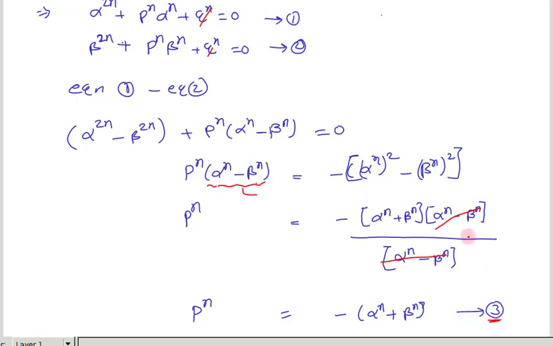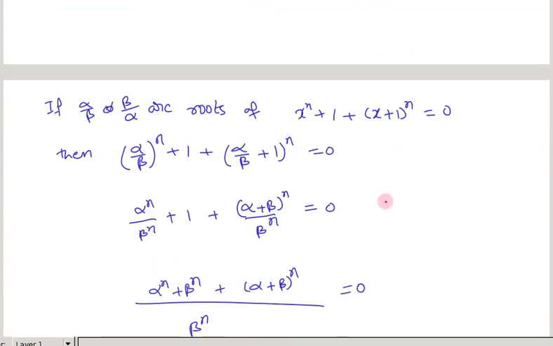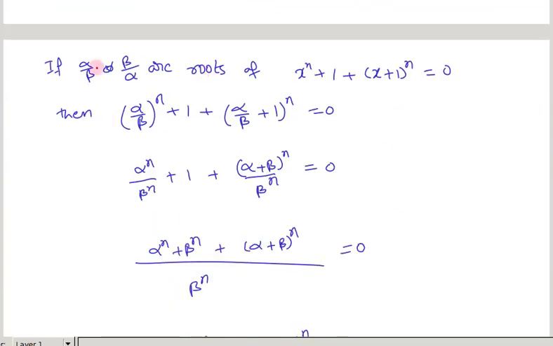Now, as I mentioned, alpha by beta and beta by alpha are the roots of x to the power of n plus 1 plus (x plus 1) to the power of n is equal to 0. Now, I am substituting alpha by beta in the place of x. So we get (alpha by beta) whole to the power of n plus 1 plus (alpha by beta plus 1) whole to the power of n is equal to 0.